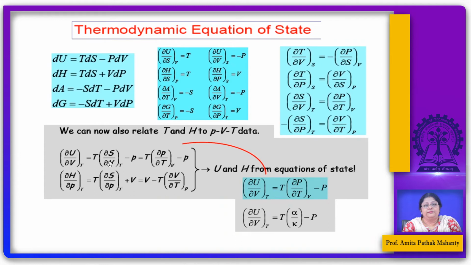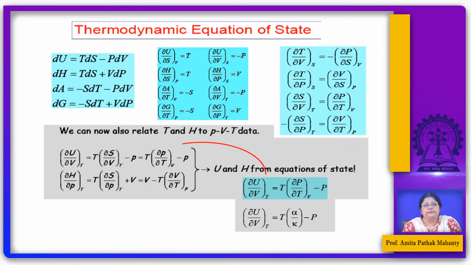That is equal to the change in pressure with respect to temperature, and we are trying to get the equation in terms of PVT. Only then can we say it's an equation of state, right?